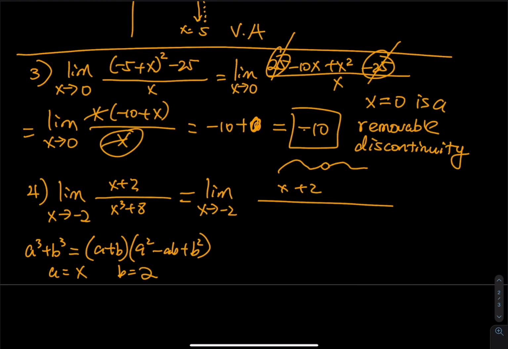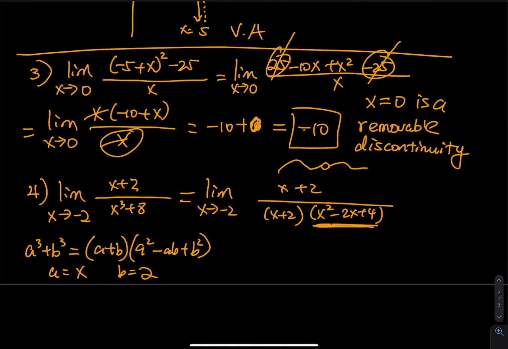If you don't write the limit, the people who read your work will hate you a lot, trust me. So we have x plus 2 times x squared minus 2x plus 4. If you don't know, the second factor cannot be factored anymore. There is no way to factor this. Okay, don't even think about it.